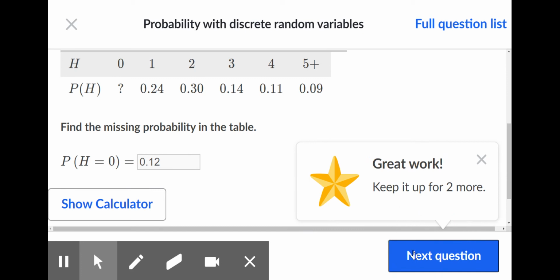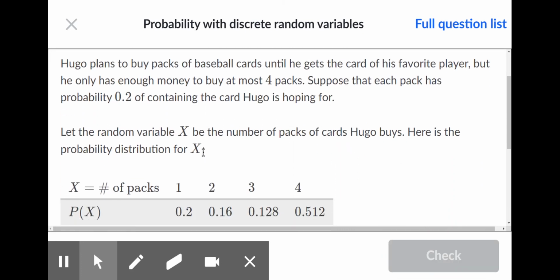Okay, so let's continue. Hugo plans to buy packs of baseball cards until he gets the card of his favorite player, but he only has enough money to buy at most 4 packs. Suppose that each pack has a probability of 0.2 of containing the card Hugo is hoping for.